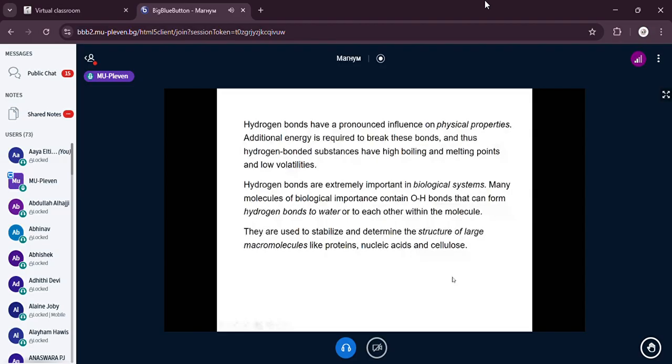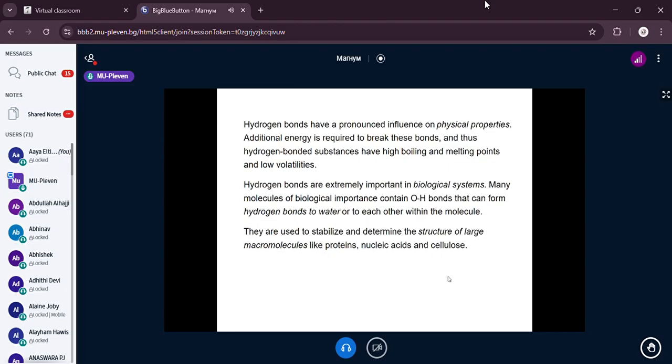Hydrogen bonds are very important for physical properties of the compounds. We already have had several examples about this. Melting points, boiling points, and solubilities of compounds involved in hydrogen bonds are larger.